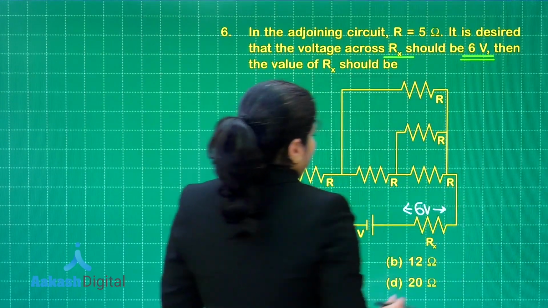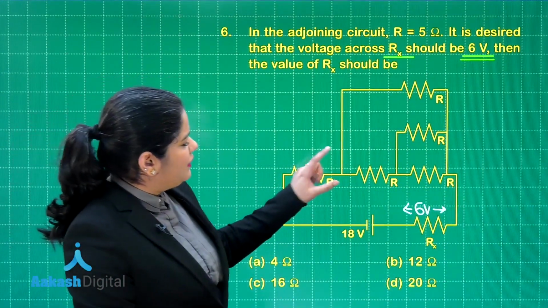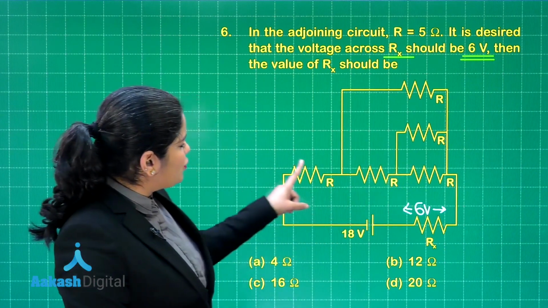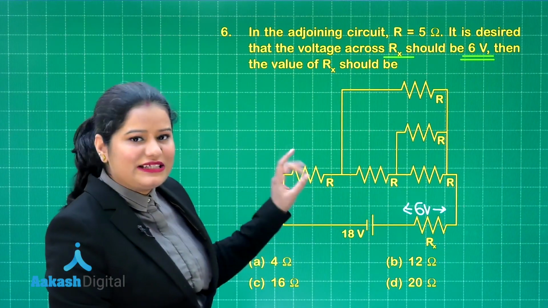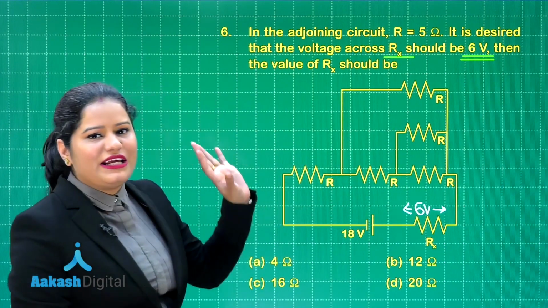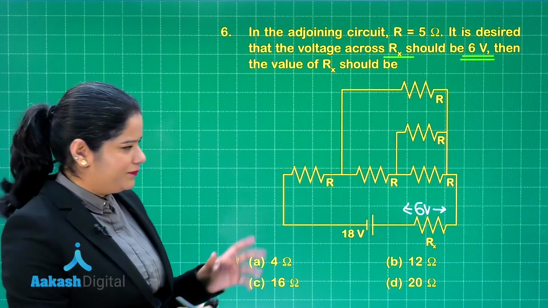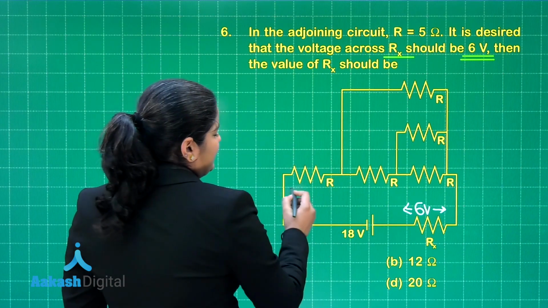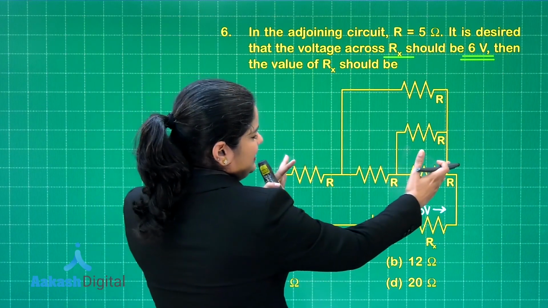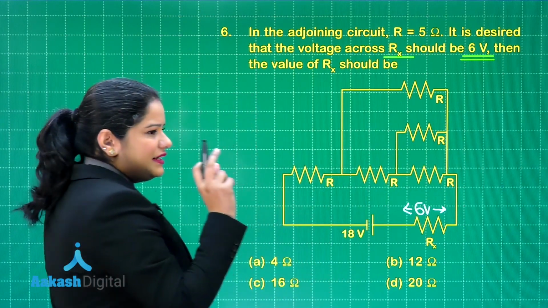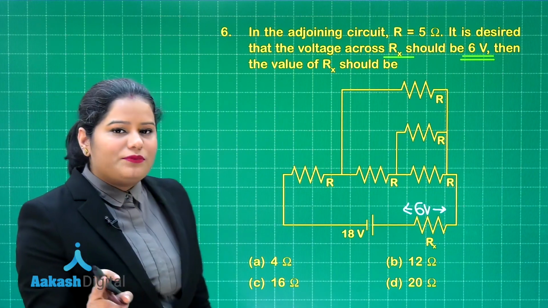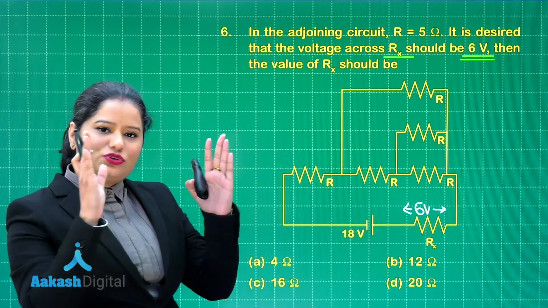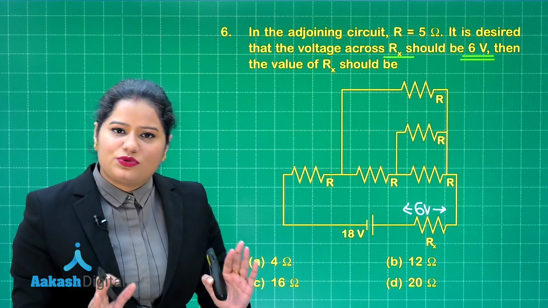First of all, the resistance of each of the other resistors is R, and R is 5 ohm, as mentioned in the question. Let's find the equivalent resistance for this part of the circuit. One more thing you can notice is that 18 volt is the total voltage provided to the circuit.